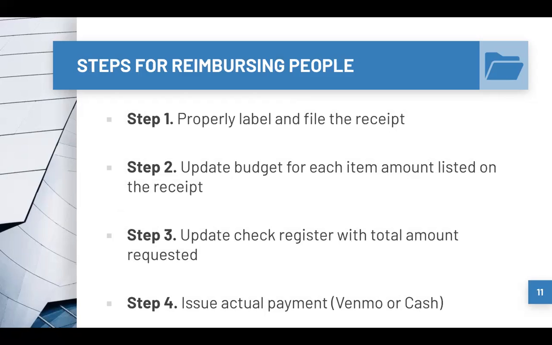Step 3, update the check register with the total amount requested. Step 4, issue the actual payment. You can give it to the person in cash, you can Venmo, Cash App, or give them a check if they want that, however they want to accept payment.